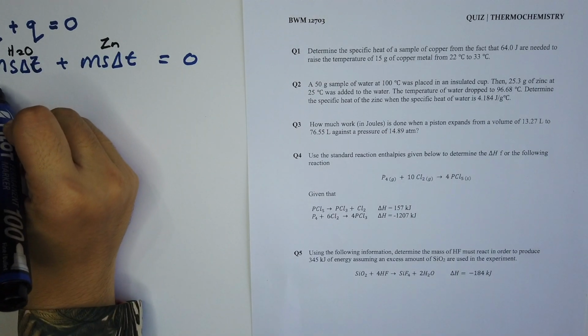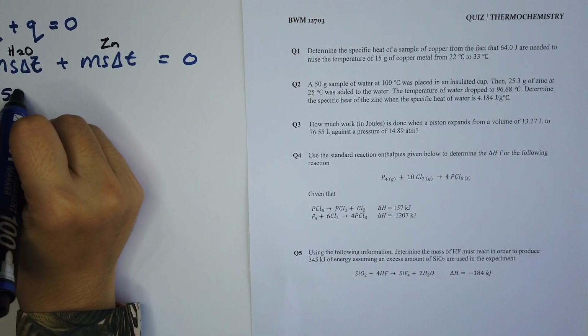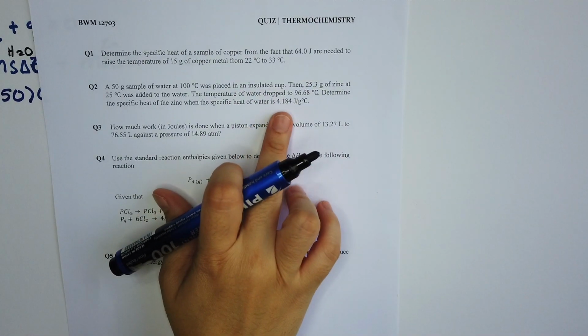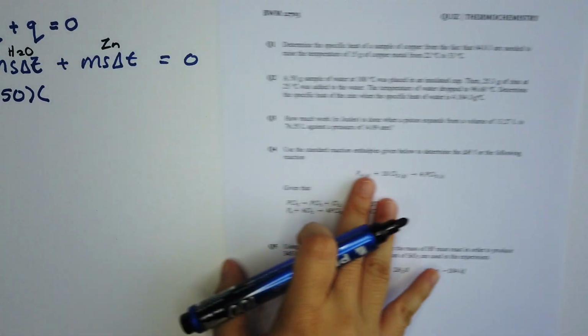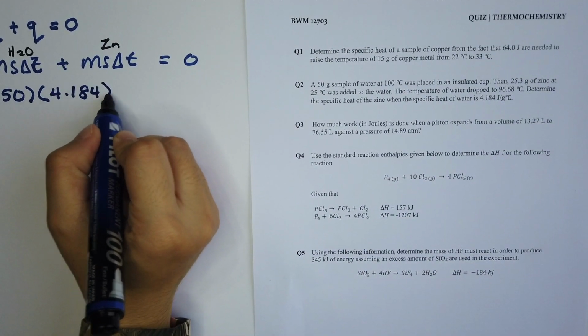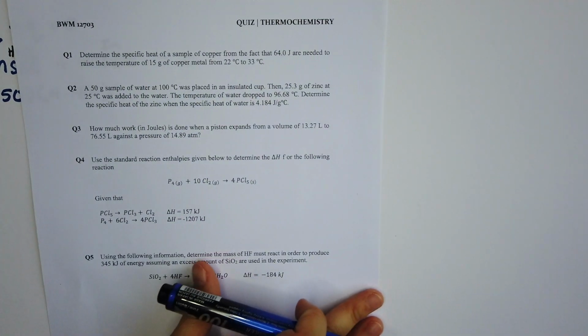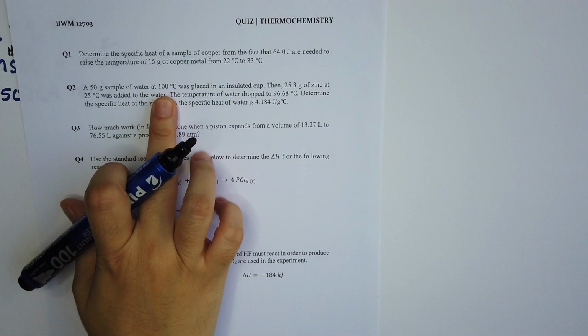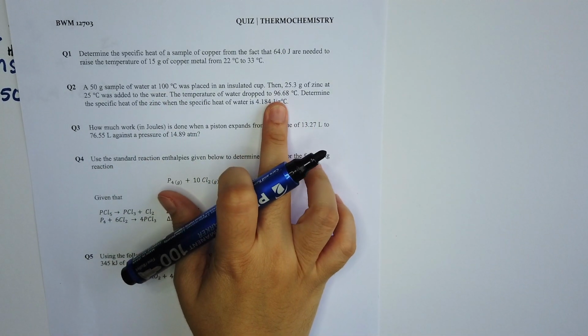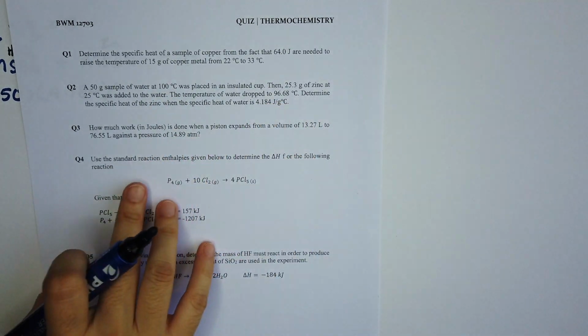The mass for water is 50 gram. Given that the specific heat of water is 4.184. Initially, the temperature is 100 degrees Celsius. When you add the zinc, the temperature goes to 96.68.